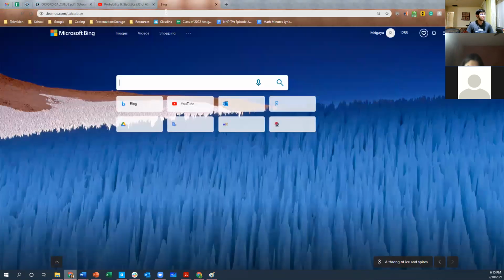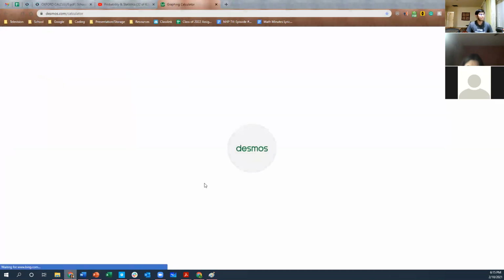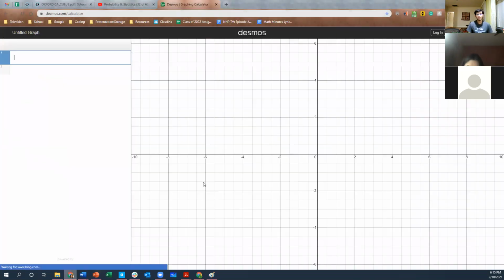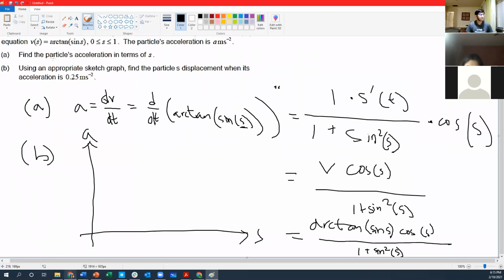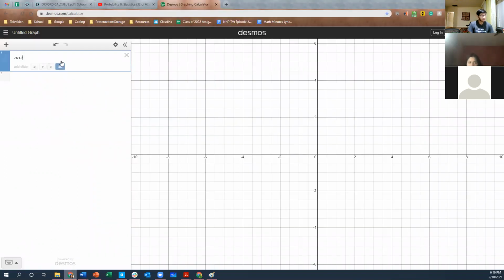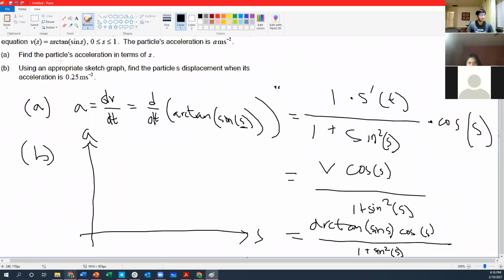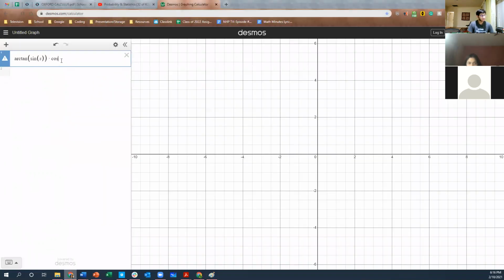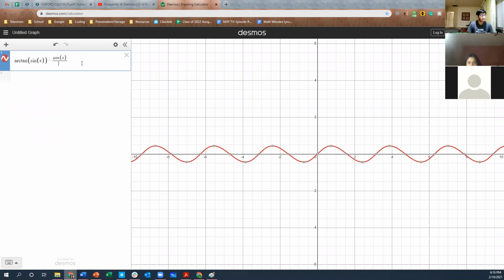Desmos. Arctan of sine of S, right? Arctan of sine of S times cosine S. Oh, maybe we need to write this as X, because otherwise, pretend X is equal to S, all right?